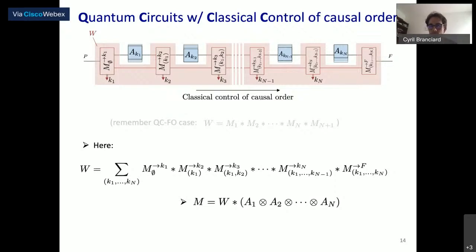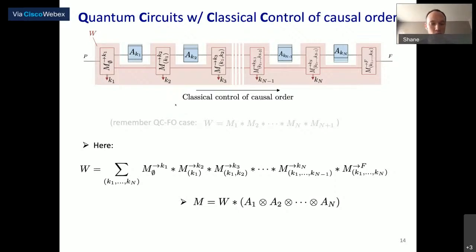So maybe one final question. So Lair Christiansen asks, since the internal operations, the M's of the controlled supermap depend on the classical label for the possible inputs, what does the overall input channel, the cone, look like?